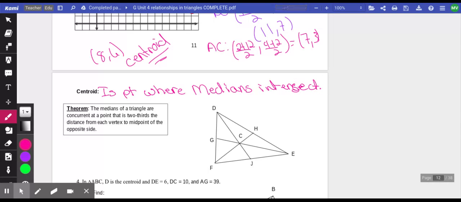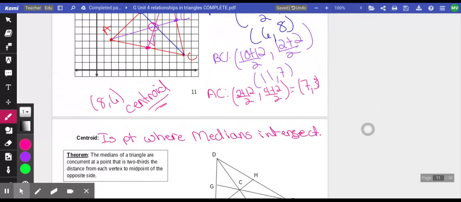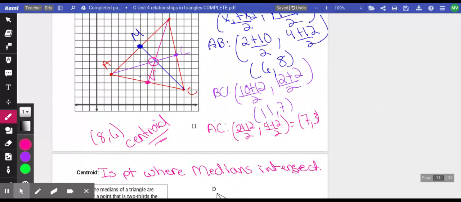Now the theorem says the medians of a triangle are concurrent at a point that is 2/3 the distance from each vertex to the midpoint of the opposite side. So what does that mean? If we look at this example, if I name the centroid here X, that means that AX equals 2/3 of AL.